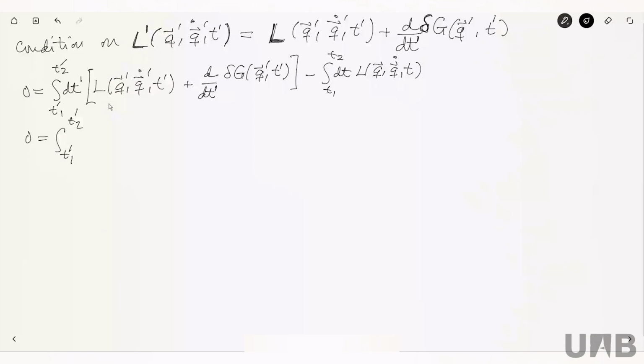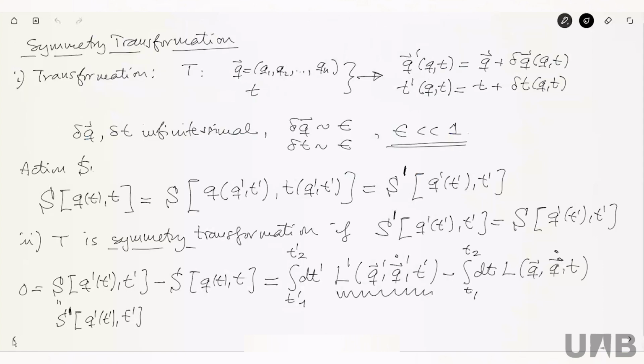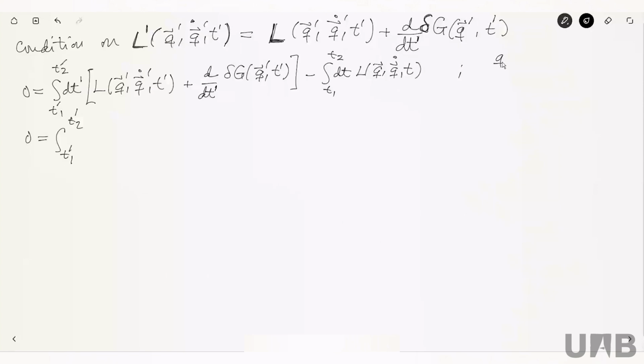Remember that the transformation that we have is this one. So it's q prime equals q plus delta q, and t prime equals t plus delta t. And this is a function of q and t. This is a function of q and t. So this is the change of variables, the transformation that I'm making, okay? So this is dt prime over dt times dt.